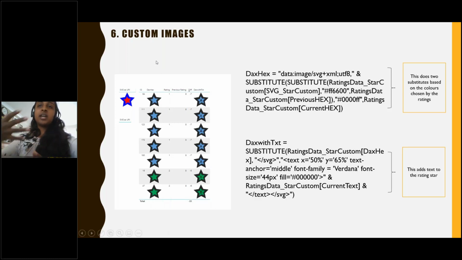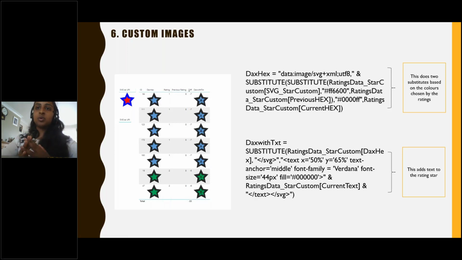Our end goal is that we want the color inside the star to be the current rating, and we want the color outside to be the previous rating. There's various bits of data I'm going to pull in, it will become clearer. But essentially we use these two DAX formulas. The first one is just substituting based on two different colors on the ratings.